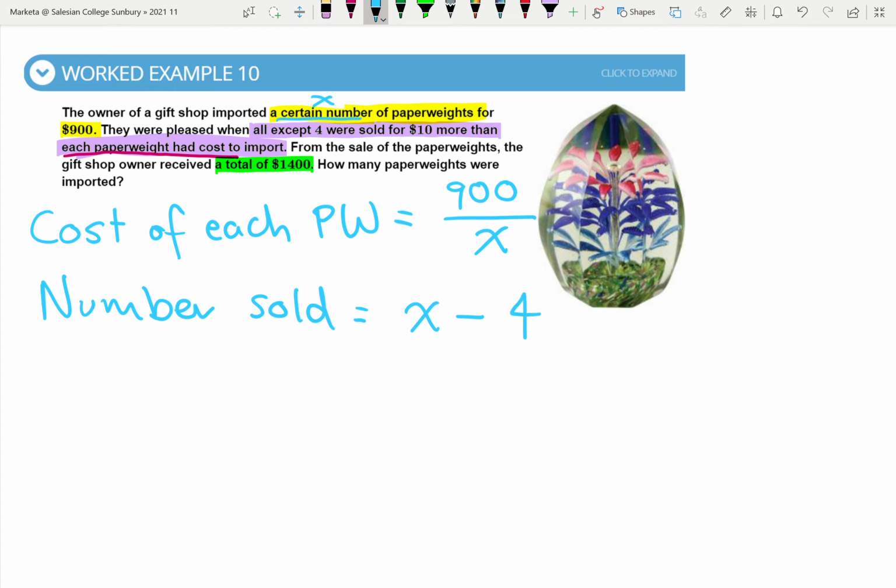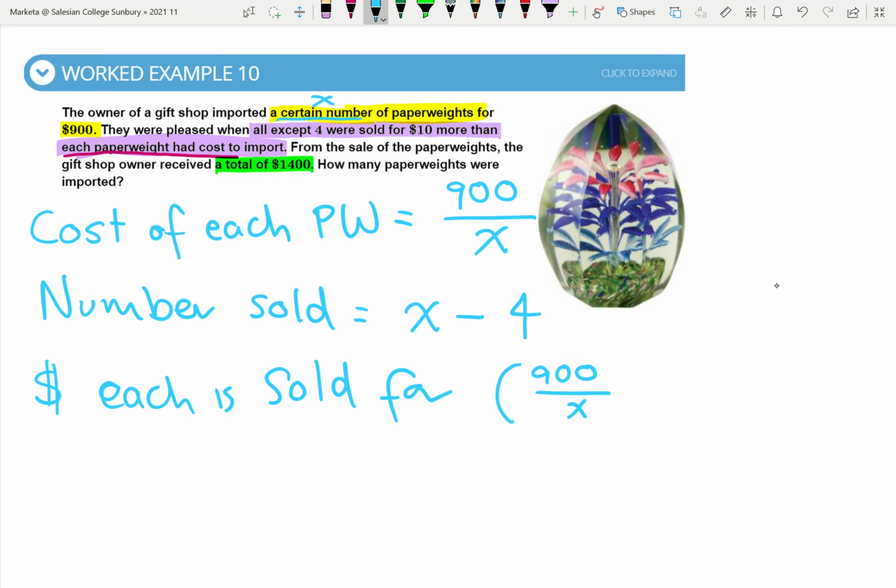Now we want to deal with the money that they're going to gain, or the revenue. The amount that each is sold for is the cost of each one plus $10.